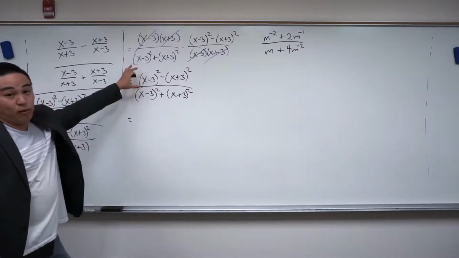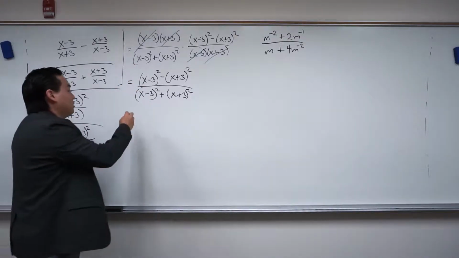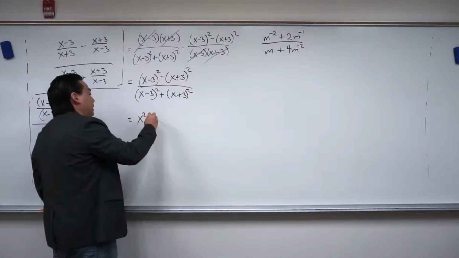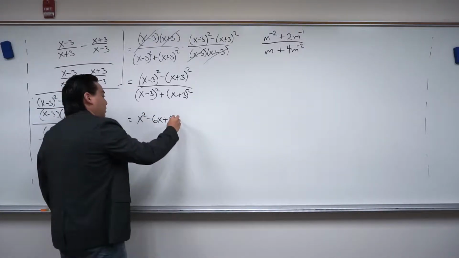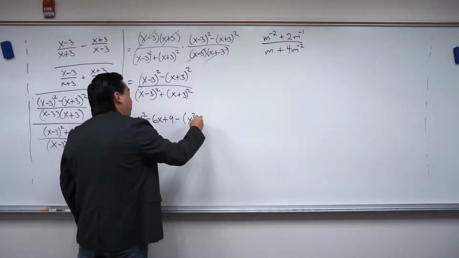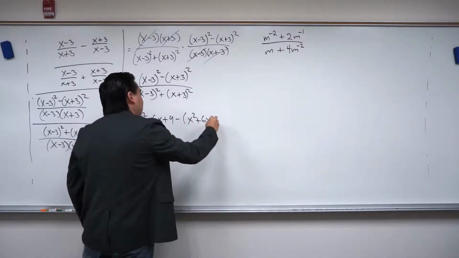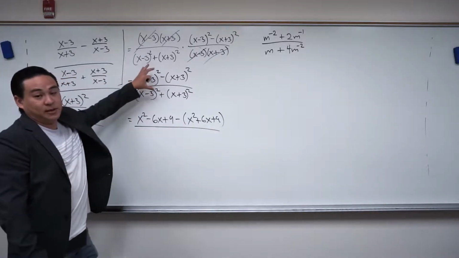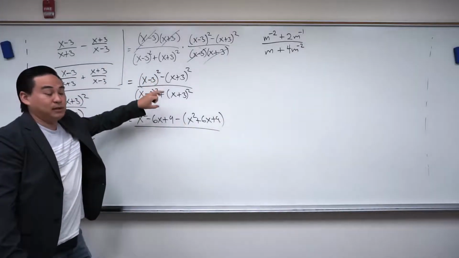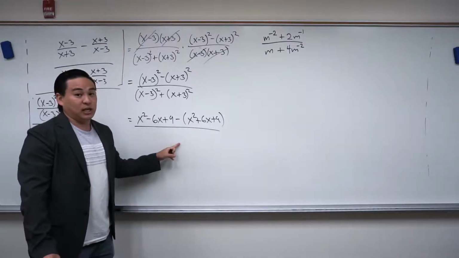So let's go ahead and write out the expansion. x squared minus 6x plus 9 minus x squared plus 6x plus 9. And again, because these are the same, but with the signs in the middle just being different, all I need to do is change the sign and copy.